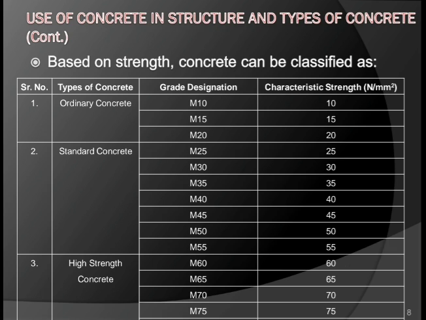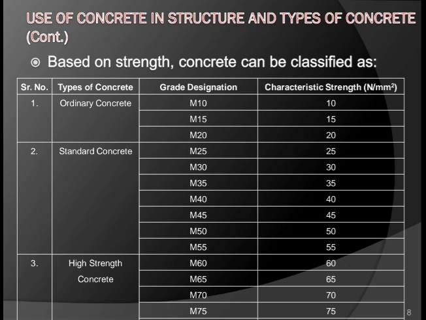Let's see M10 in ordinary concrete, the first grade, or concrete named as M10. M is for mix, and the value 10 indicates the characteristic compressive strength of that concrete at 28 days.